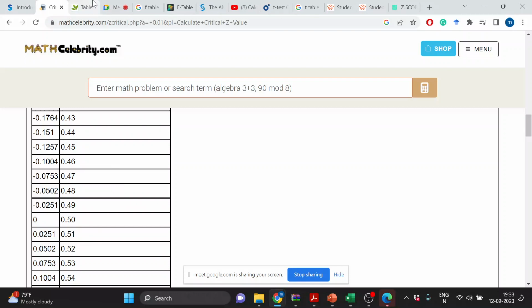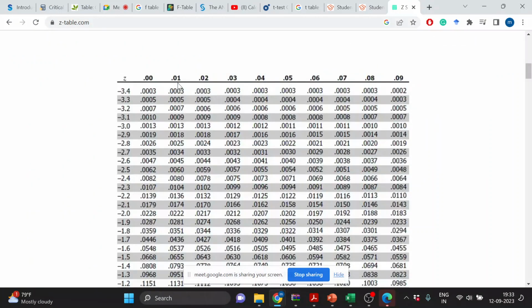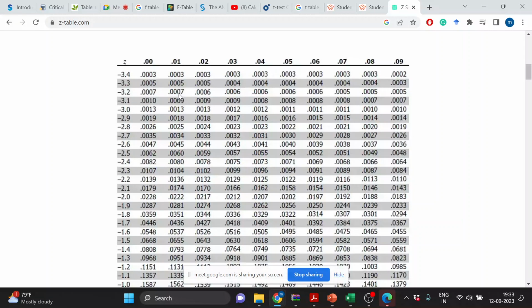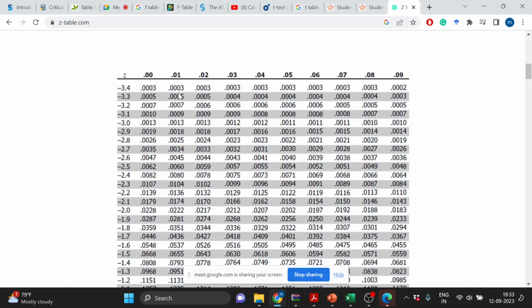Okay. So 0.01. Yeah. This is one tailed, is it?